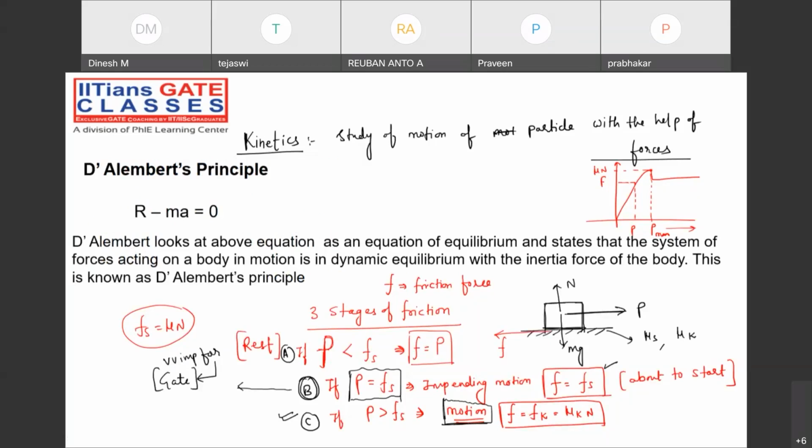Now, when the body starts moving, we have to modify ourselves. And how can we modify? In this case, who will be responsible for the motion? Force only.